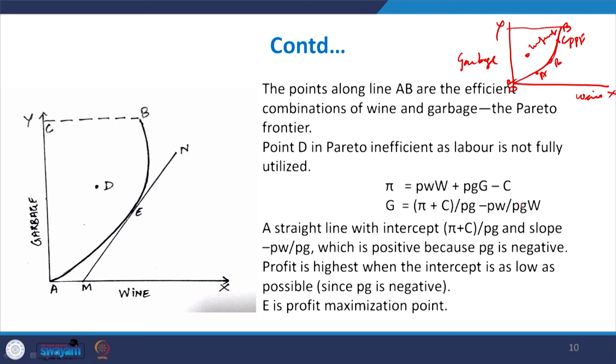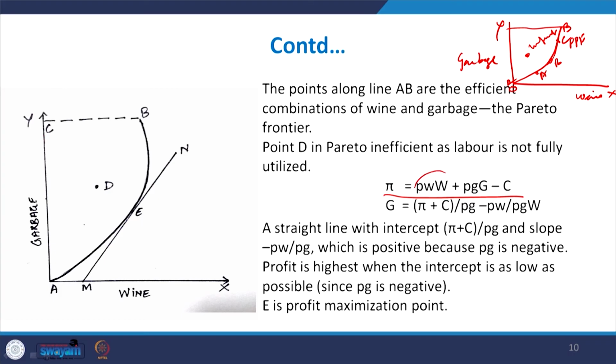In terms of G you can calculate: pi, the total profit, is PW times W, where PW is the price of 1 unit of wine and W is the quantity of wine.